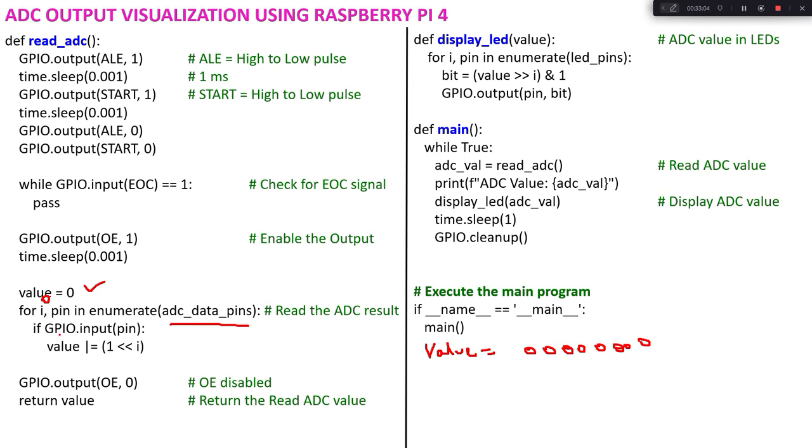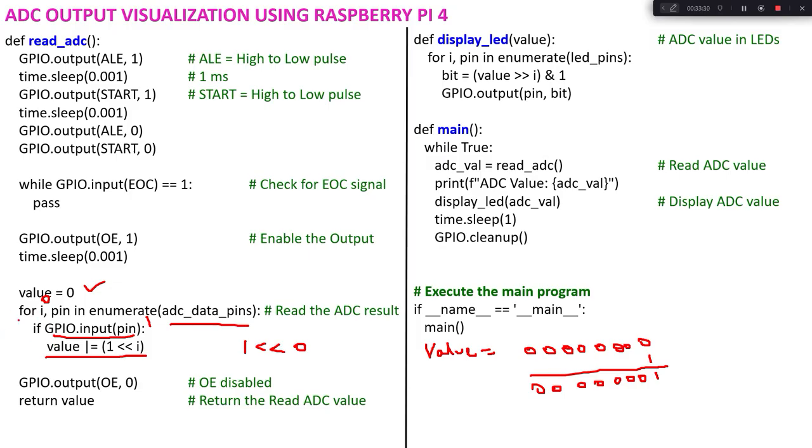If the input for that pin is 1, this condition is satisfied, so I have to do this operation. I take 1 left shift by I value 0. 0 means no shift, so I have 1 here. So my result will be 1, 0, 0, 0, 0, 0, 0, 0.